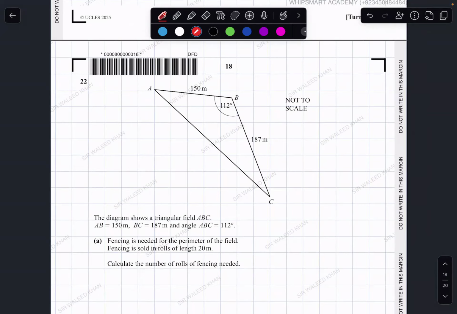So for this, I need to figure out first all the sides of this triangular field. Why? Because I have to figure out what its perimeter will be. What is the outer boundary of it? Perimeter, outer boundary.